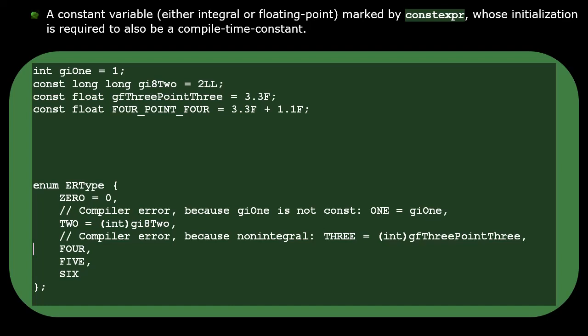If a variable would have qualified for the previous exception, except for the fact that it's floating point instead of an integer, then that variable needs to be marked by constexpr if you want to use it in a compile time constant expression.